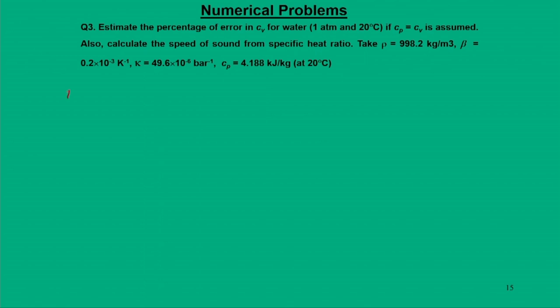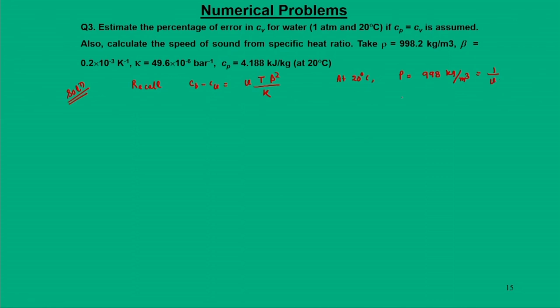The relations that we have to recall: first is the Cp minus Cv relation. So, we recall Cp minus Cv is equal to V T beta square by kappa. Now, we know beta and kappa, and at 20 degree centigrade we know rho, that is 998 kg per meter cube, and rho is nothing but 1 by specific volume.